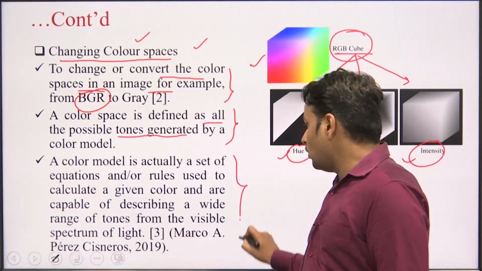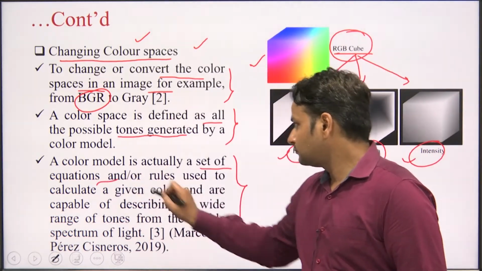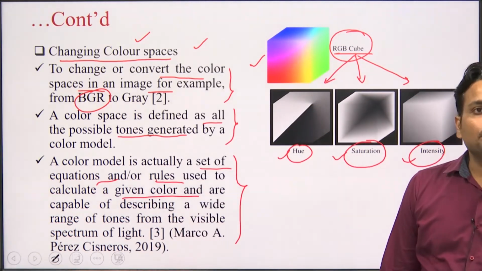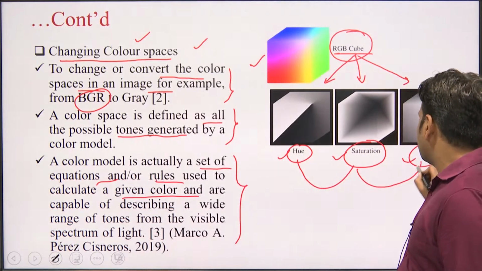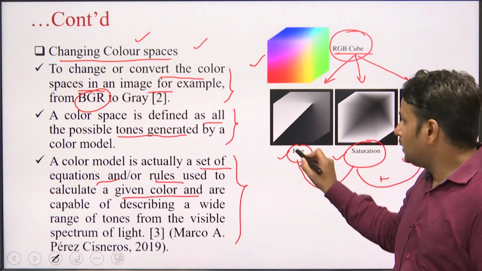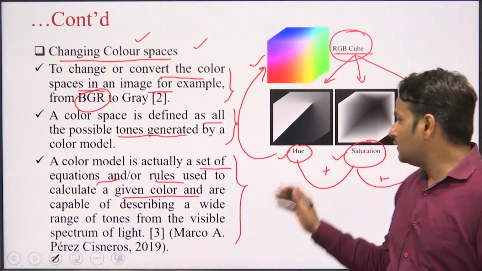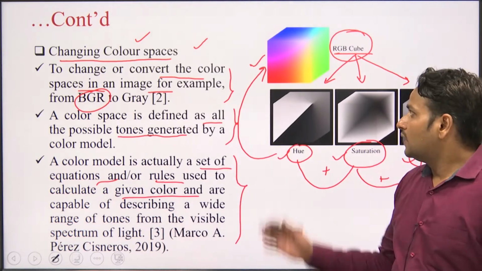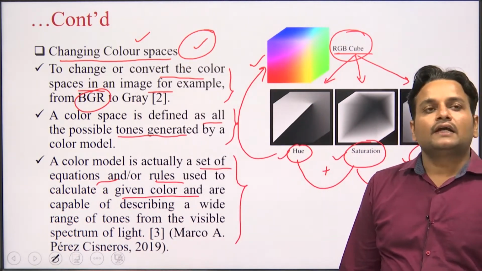The color model is a set of equations and rules which calculate the complete color. If we summarize these 3 terms, intensity plus saturation plus hue, then you directly identify the complete RGB cube, and this is the vice versa process of the RGB model. That you can operate using changing color spaces.